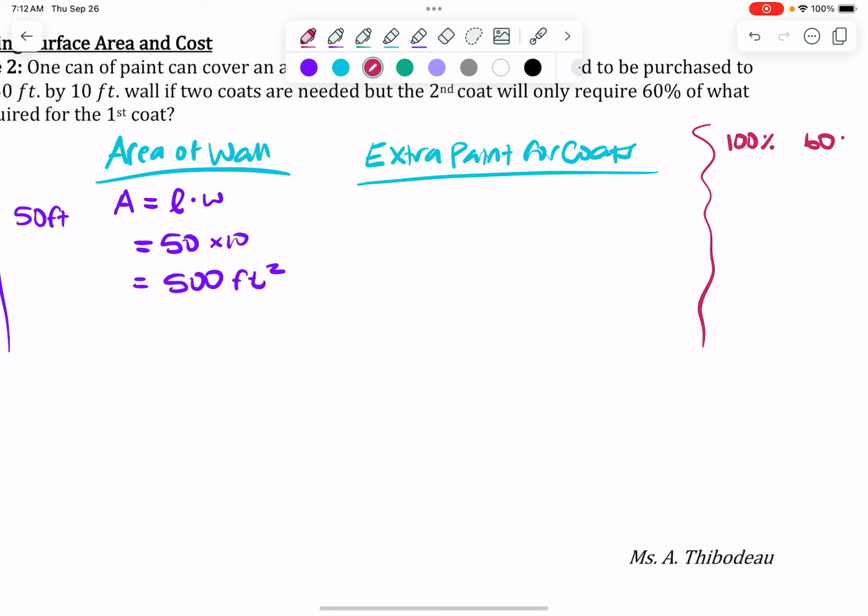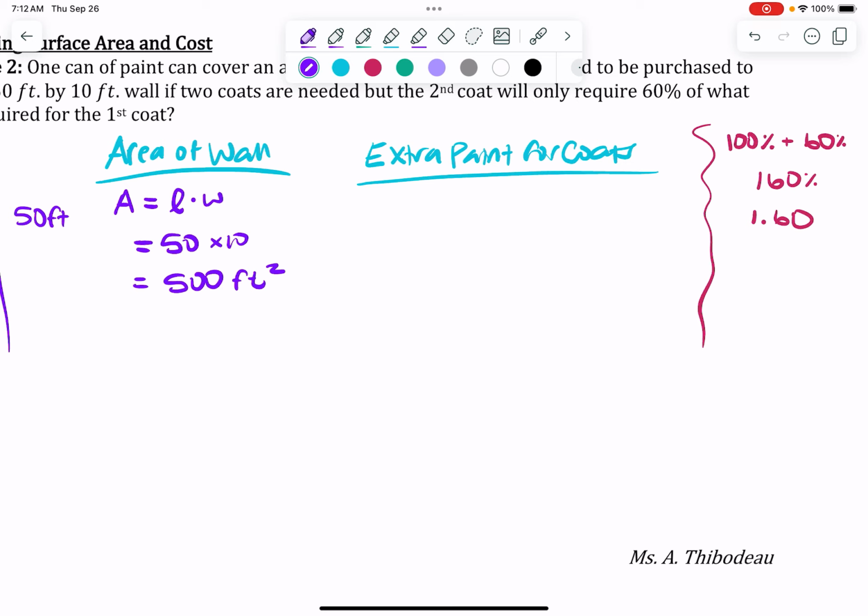Coat 2 is 60%. When I add those percentages, I get 160%. And how I calculate extra is to multiply it by the decimal of 160%. So that's really just 1.6. You could also say 1.60. It's also okay. But that's how we're going to do it, right?